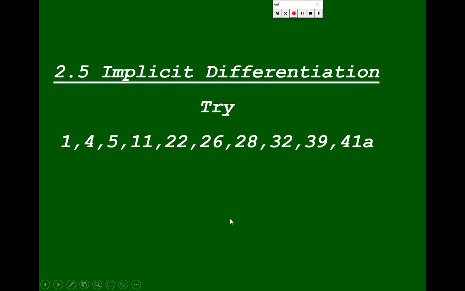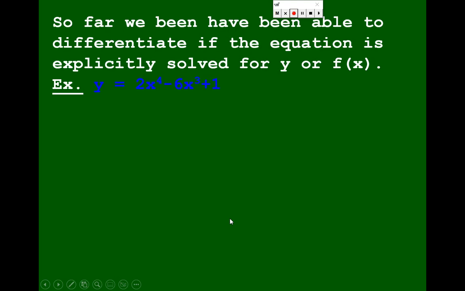Now let's look at this. So far, we've been able to differentiate if the equation is explicitly solved for y, or f of x. For example, here we have y equals 2x to the fourth minus 6x to the third plus 1. Do me a favor, pause the video and take the derivative. Hopefully you've paused the video and taken the derivative.